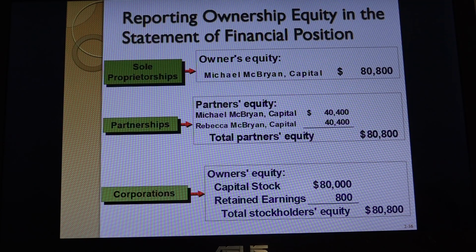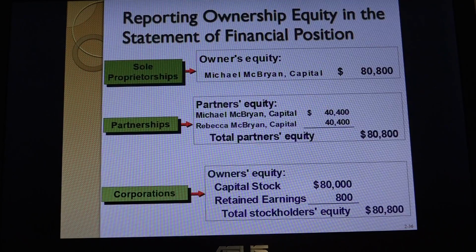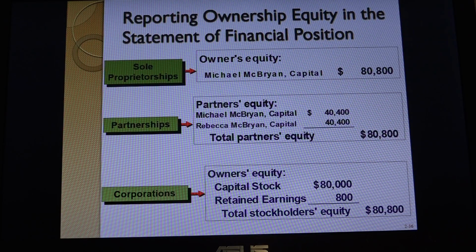Here, Michael McBrien, comma, capital. So that's his capital account. For partnerships, very much the same way, just have more than one person involved. And then you have the total, so you have your total partners' equity.